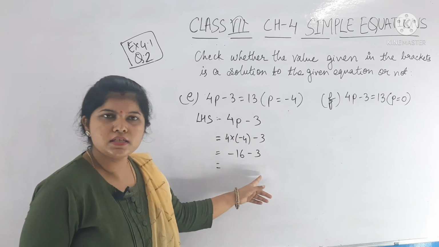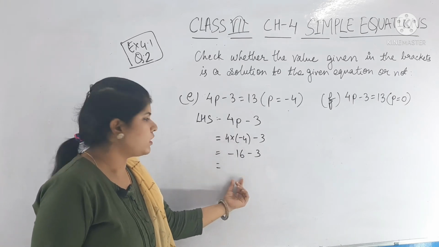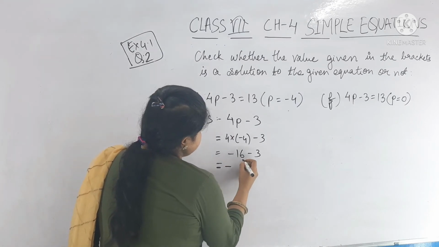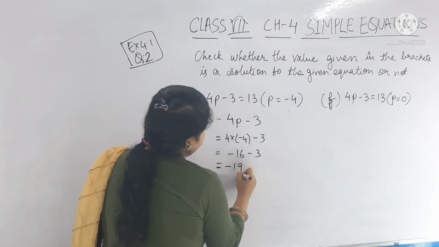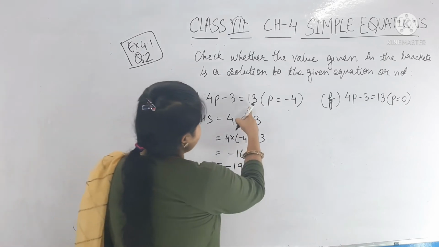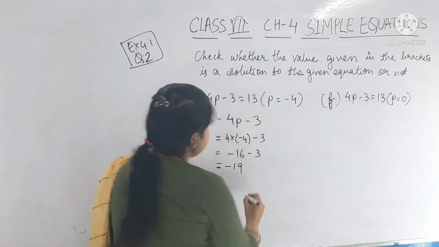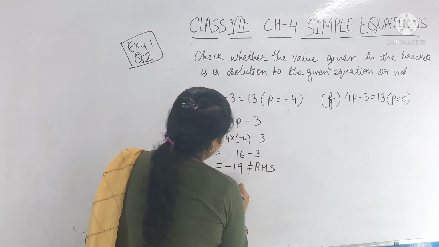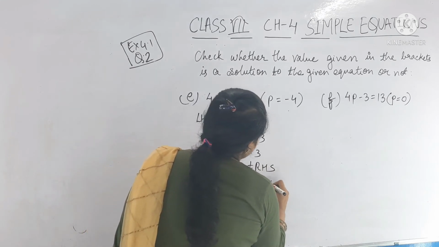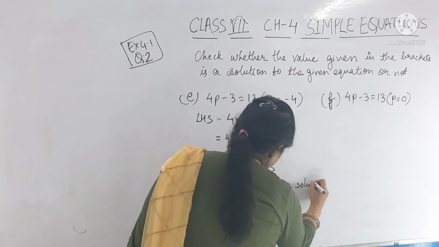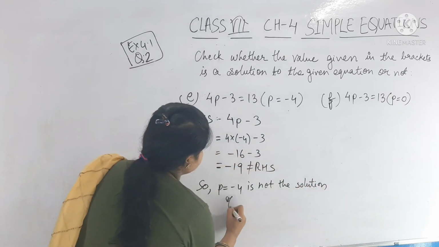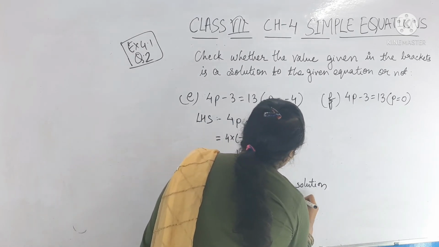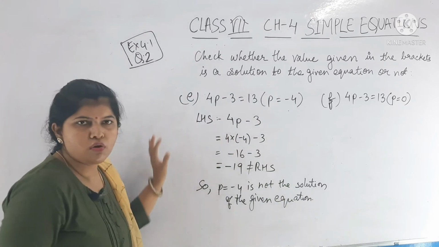So minus and minus is plus operation and the sign will be minus. 16, 17, 18, 19, minus 19. So that is not equal to 13, means that is not equal to RHS. So p equal to minus 4 is not the solution of the given equation. Like this you have to solve this one.